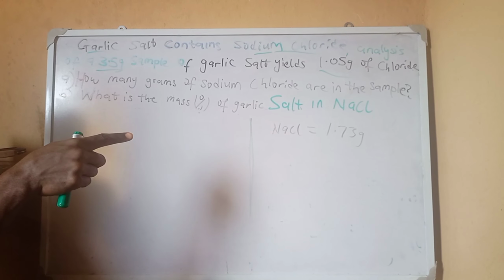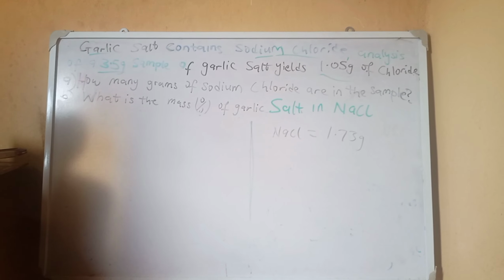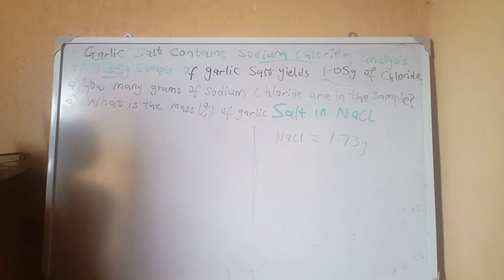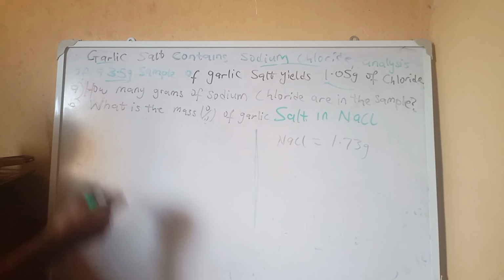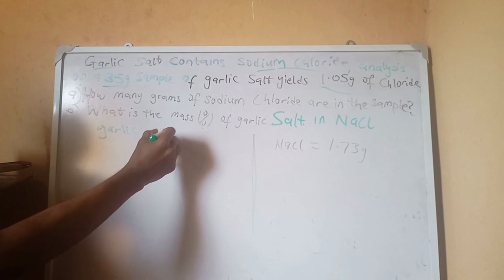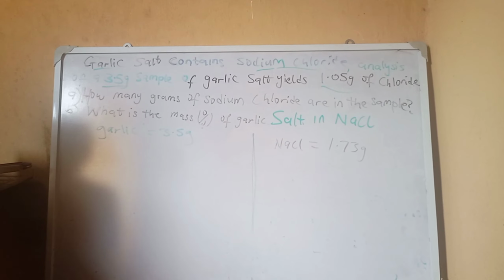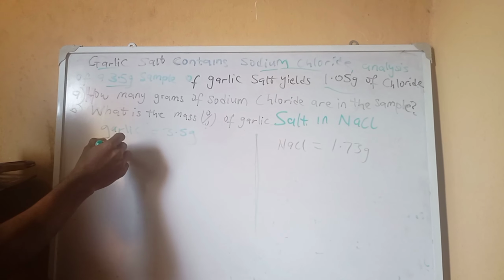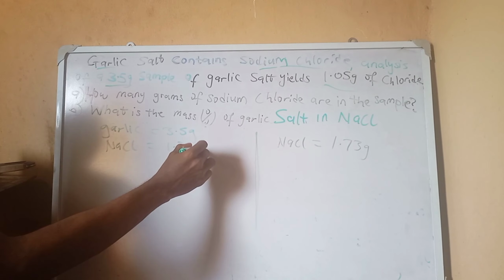We know that this garlic salt contains sodium chloride, and we have gotten the mass of sodium chloride. The mass of garlic salt that was given to us is 3.5 gram, and the mass of sodium chloride in that garlic salt is 1.73 gram.